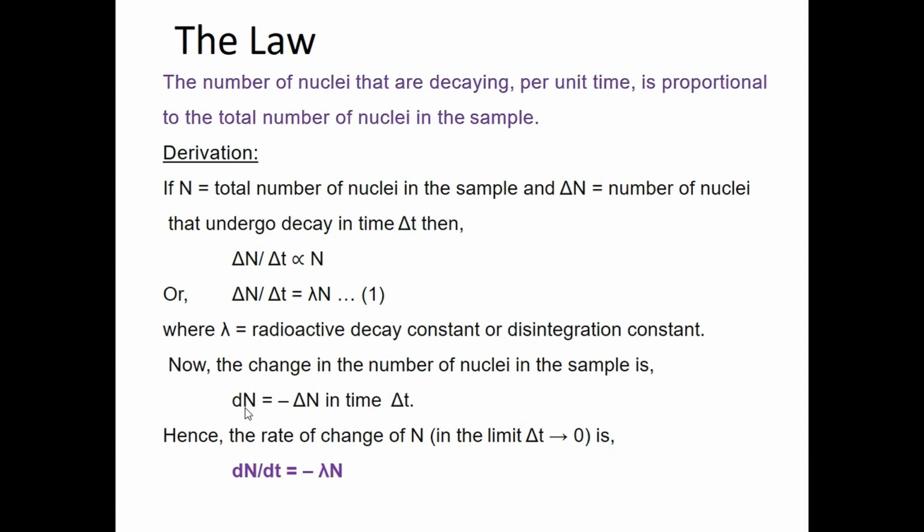Now we try to find the rate of change of the number of nuclei in the sample. The dN or delta N is negative because it is causing a decrease in the number in time delta t.